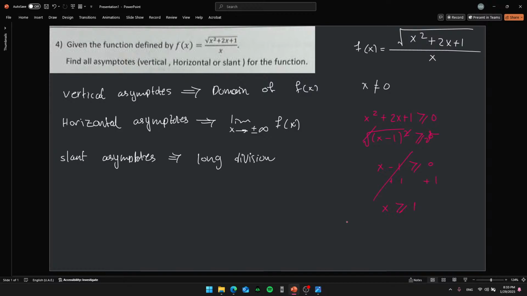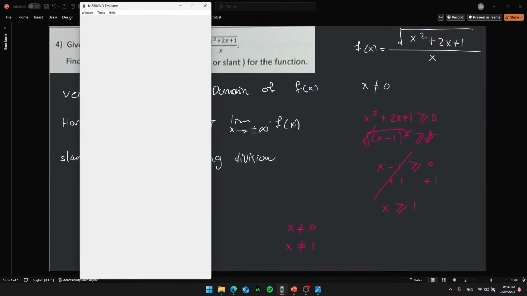So x can't equal 0, and x can't equal 1, right?